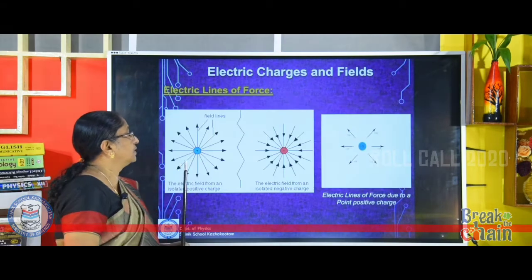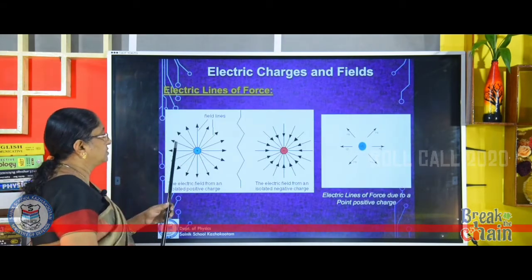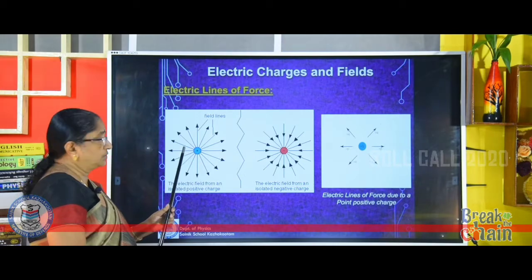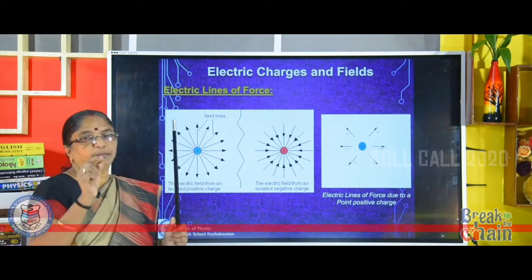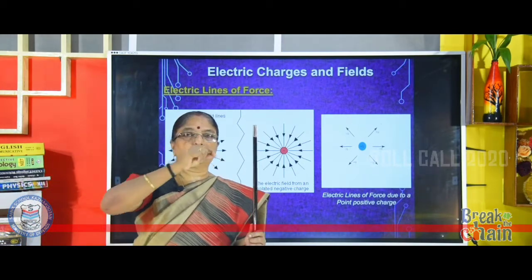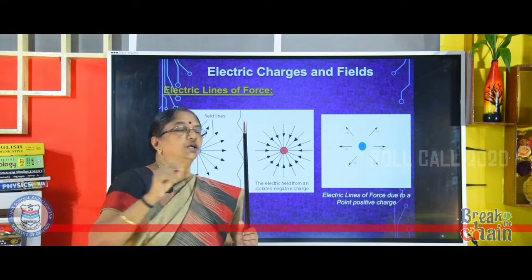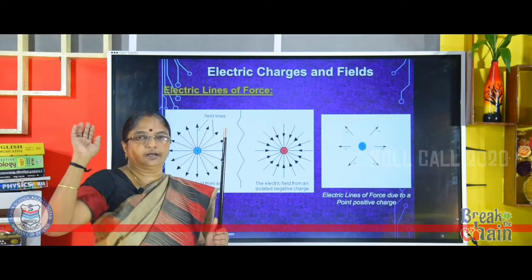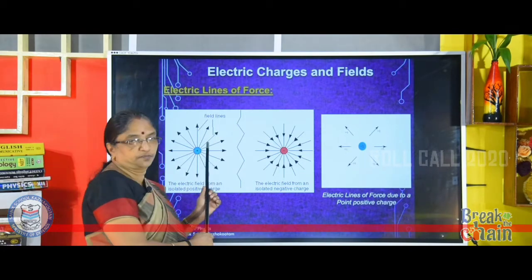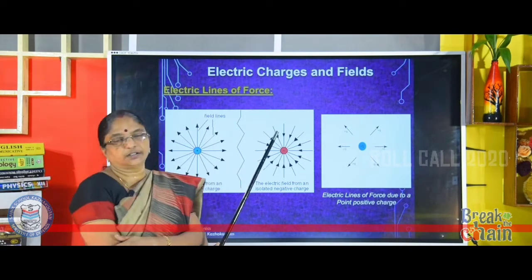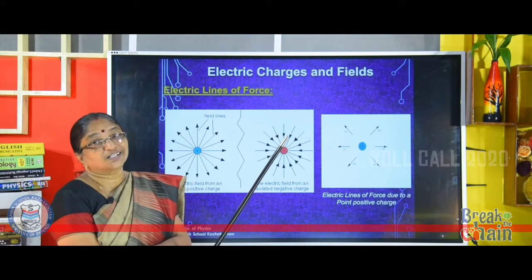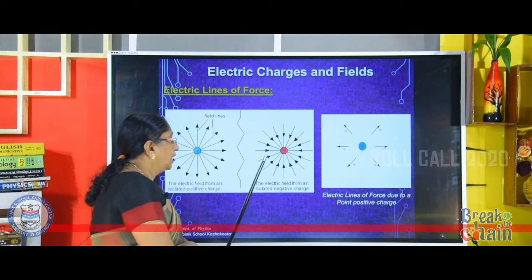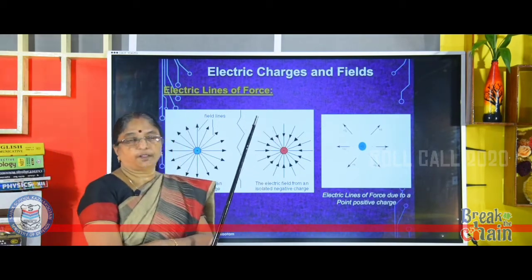So let us see this one. Electric lines of force, this is due to a positive charge, and when you keep a test charge surrounding a point positive charge, everywhere the test charge will be pushed away and it will be along the radius. So those lines are known as field lines or flux lines due to a positive charge. And what is happening to the negative?